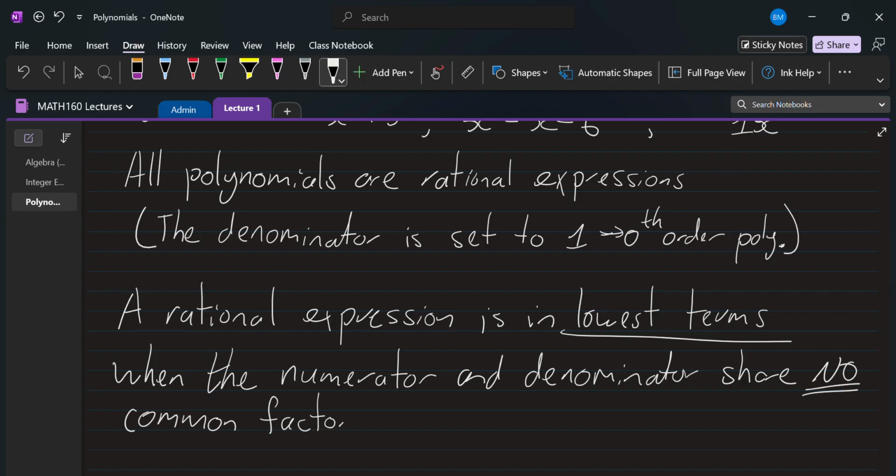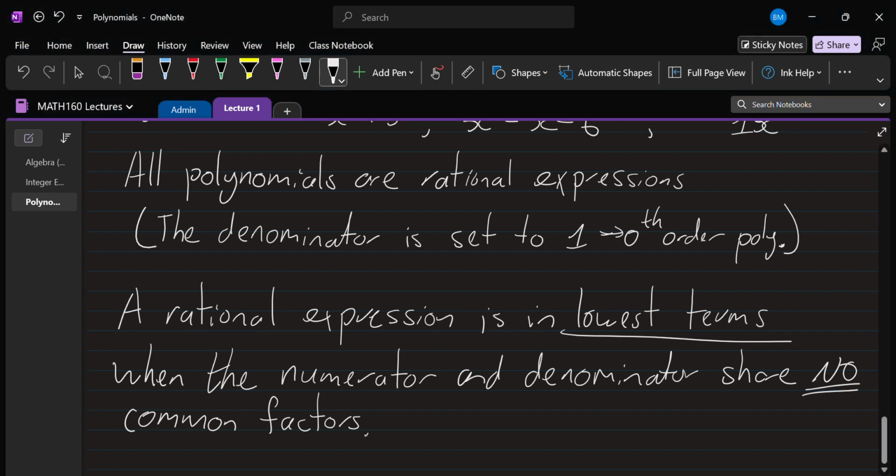So please just keep that in mind. If we are working with rational functions, polynomials are also included under that umbrella. Any issues with the definition? All good.